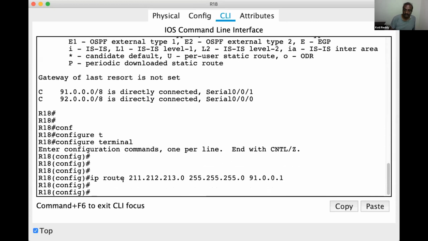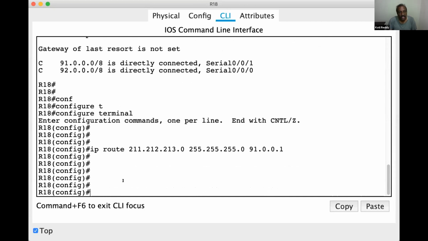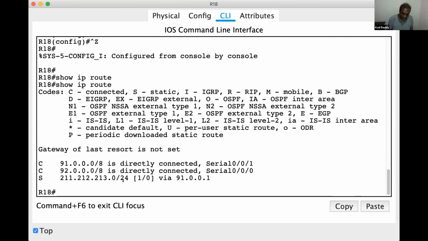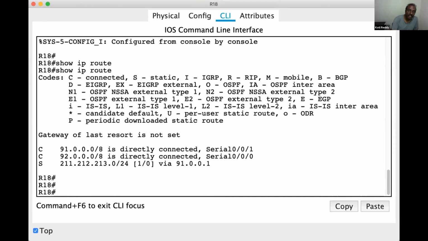So I add this route in the routing table of R18. Now if I give the command show IP route, it shows that a route is there for this particular network. Fine. Similarly, let us go to the next router.